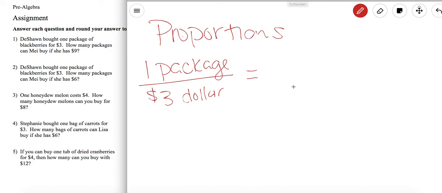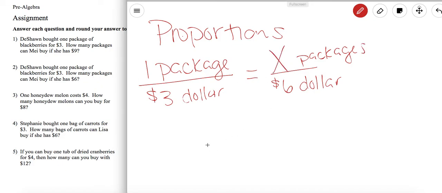We know she has $6. So where would that go? Would that go on the bottom or the top? Remember, we need to make sure that our bottoms and our tops stay the same. So in this case, we should be putting $6 on the bottom and packages on top. Now, we don't know how many packages, so we're going to create the variable x.